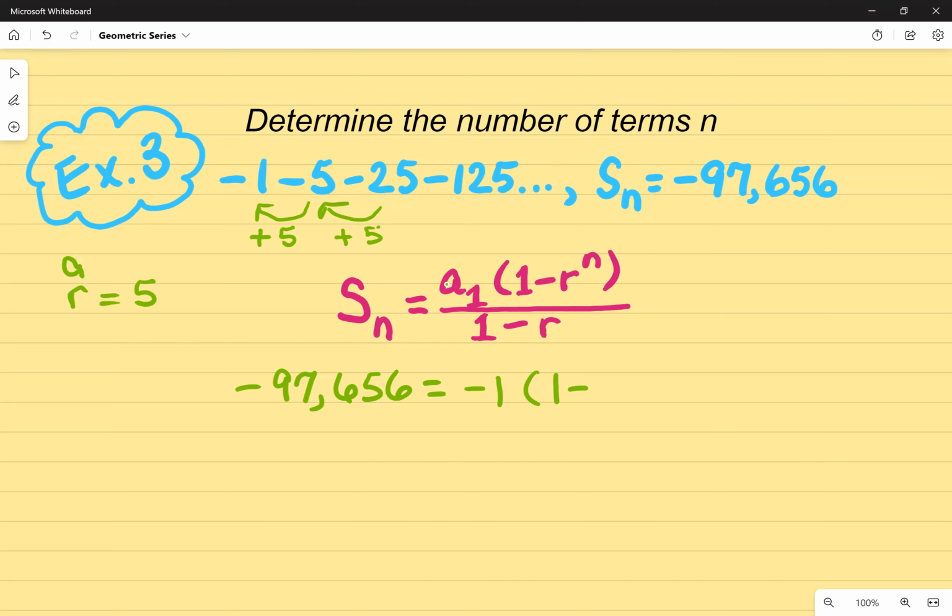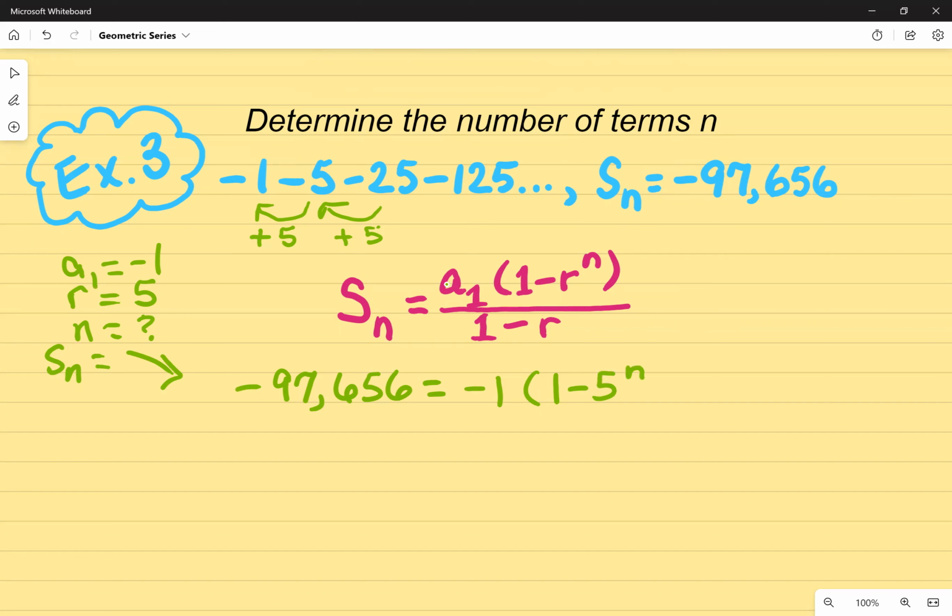A sub 1 is the first term, which is negative 1. We're trying to determine n, so we don't have that information. So n is what we're trying to find. And we were also given S sub n, which was this information. So now substituting in what I know, 1 minus 5.